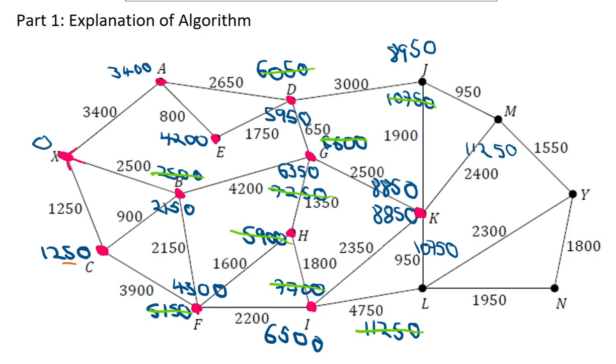So let's look at the 8950 from J. That's the smallest of our three live points, J, M, and L. So that would be 9900, which removes that from consideration. And actually, just to pause, go back a little bit, just to remind us of this.